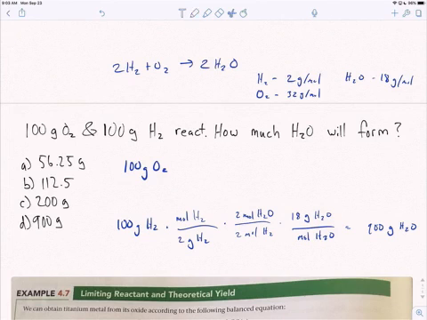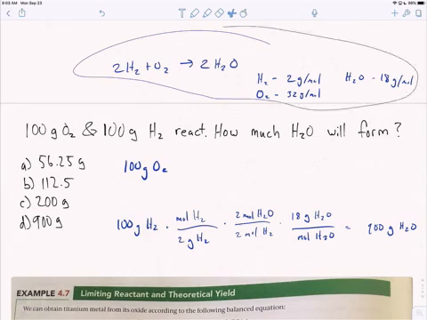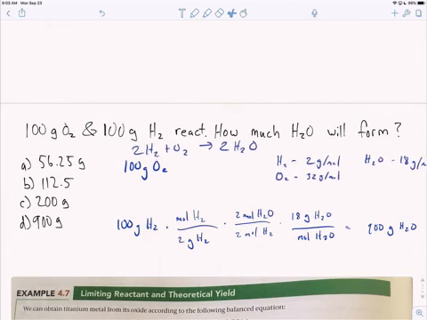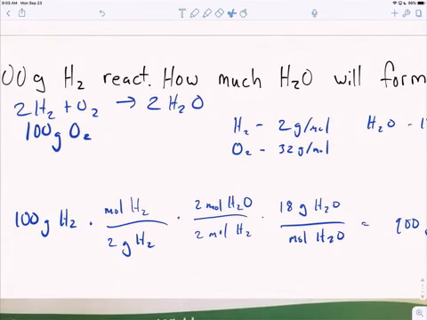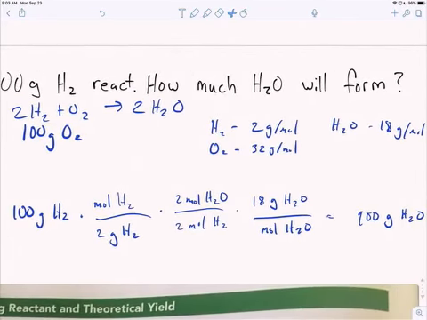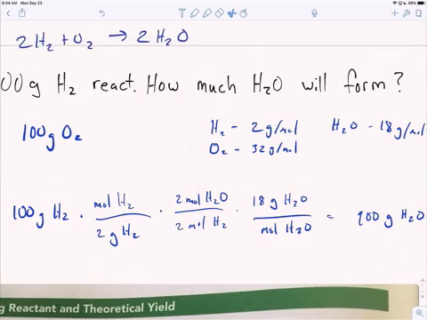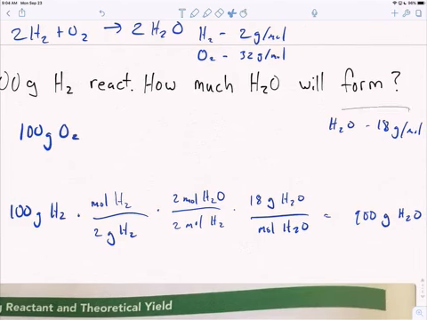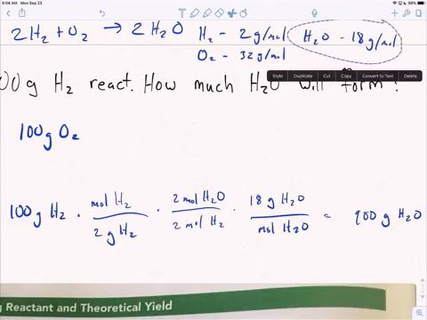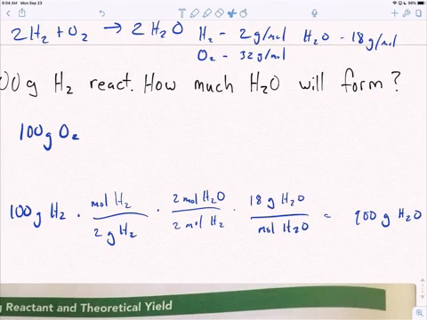Let me copy this and put it here, and let me zoom in. Oh, too far. Is that better?